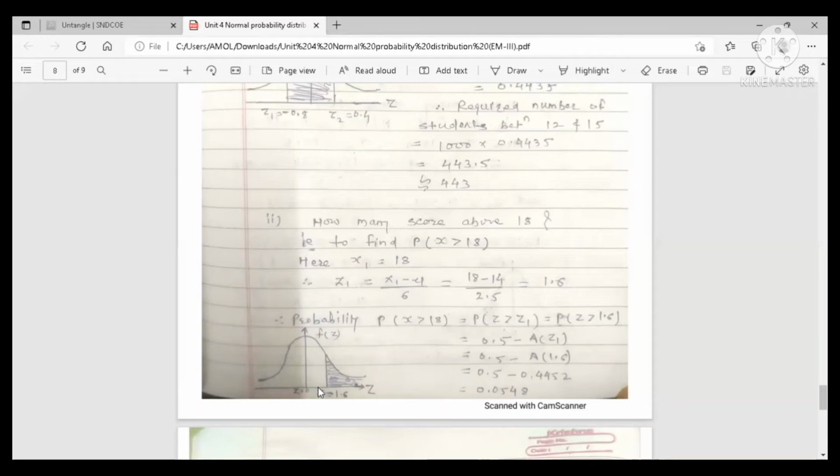Now we want the area when Z is greater than 1.6.